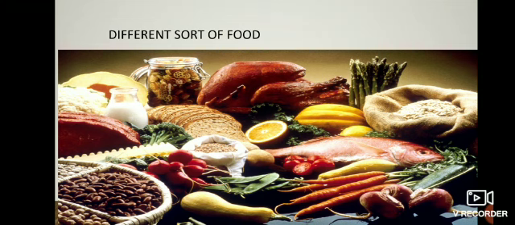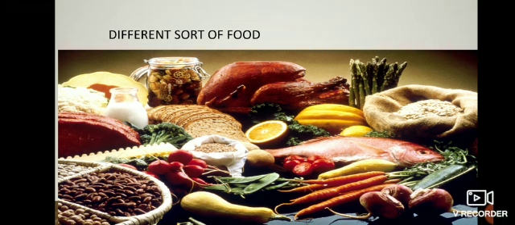So, you are eating different sort of food. Among that, are all the items alike? No, they are not alike. For example, they are differing in their color. A particular food item has a particular color, like that they differ in their color.